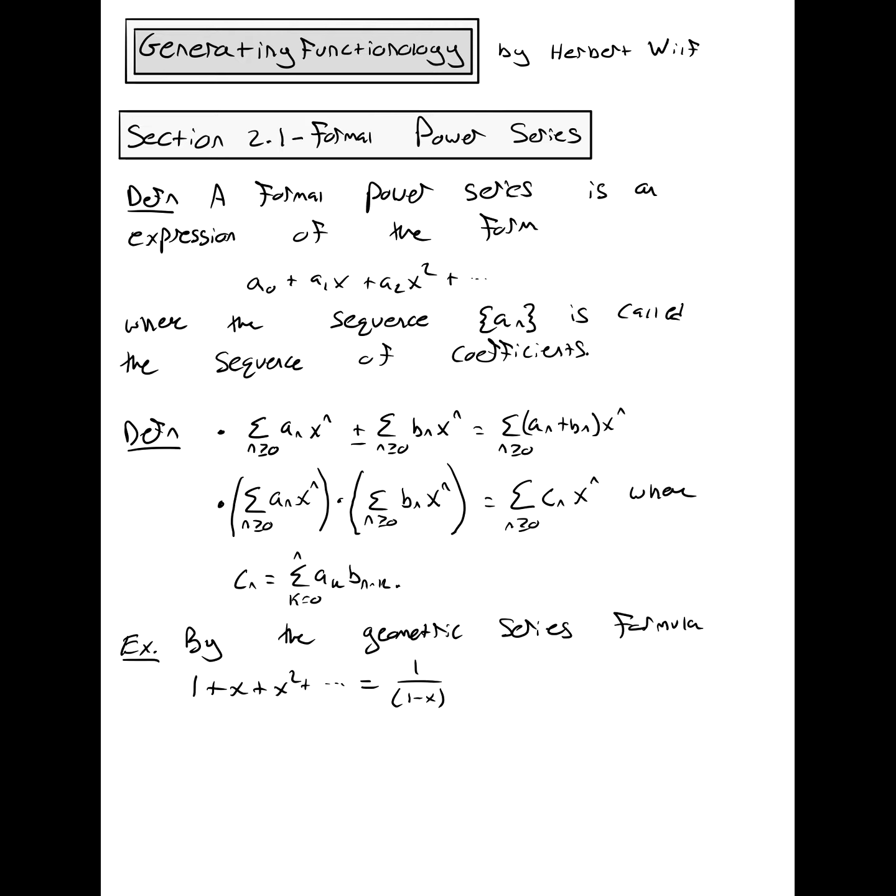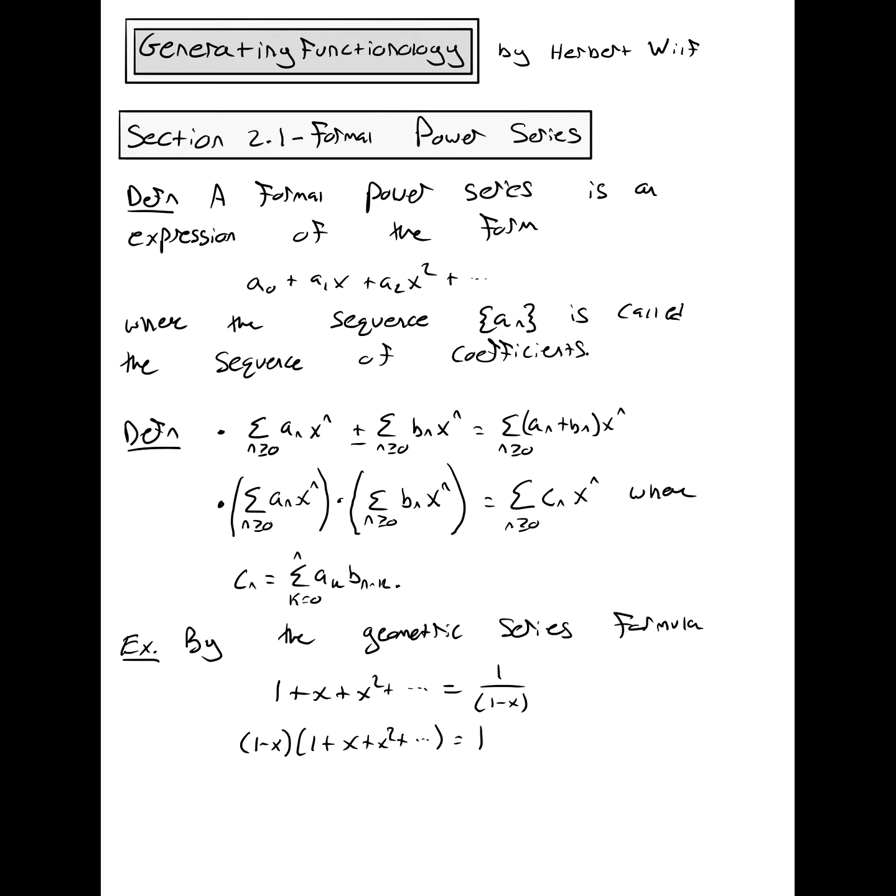Now if we multiply by 1 minus x on both sides, I'll put this in parentheses now, the 1 plus x plus x squared plus and so on is going to be equal to 1.